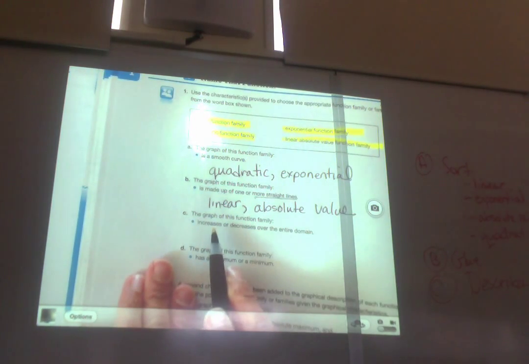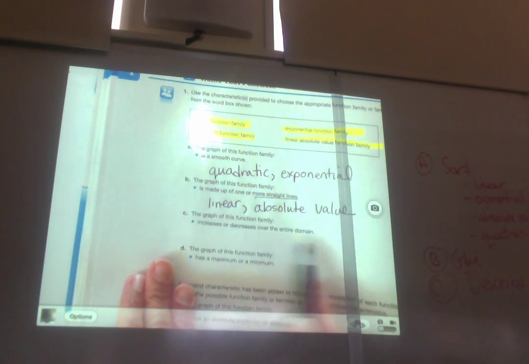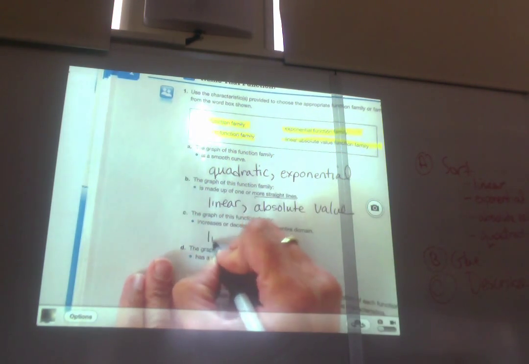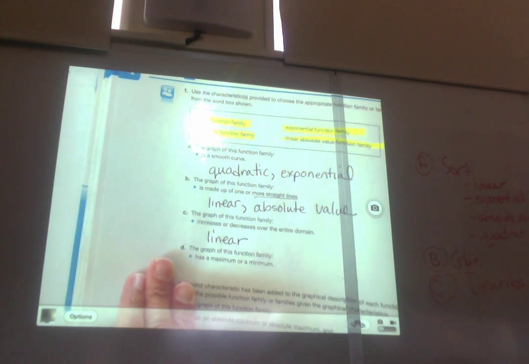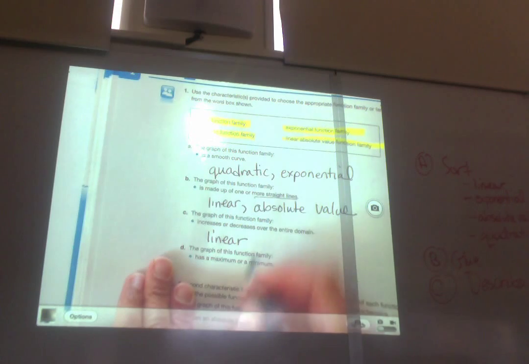The graph of this function family increases or decreases over the entire domain. So that means it doesn't change direction. So linear. Is that the only one? I might think there might be one other. Who else did we say increases or decreases? Exponential.